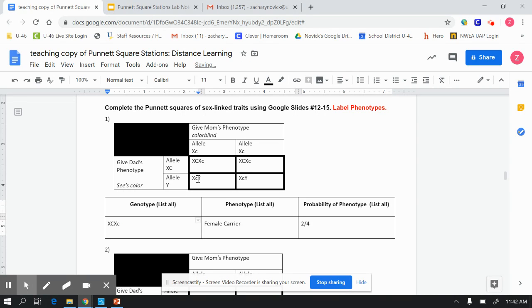This person's X chromosome has color blindness. There is nothing on the Y chromosome. And remember, because the lowercase c is indicative of color blindness, as we list X lowercase c, Y, we know that this is a male colorblind. And the odds of that are 2 out of 4.